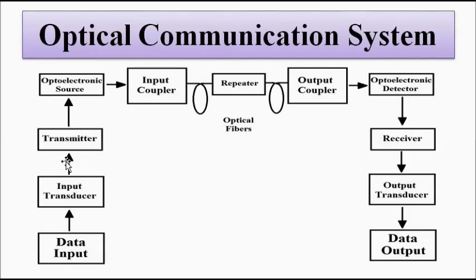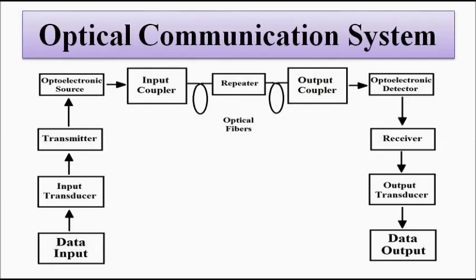Modulation happens in the optical transmitter or modulator. The output of the input transducer, which is the electrical equivalent of the data input, acts as the modulating signal. So we have the resultant modulated signal. The modulated signal is ready for transmission.